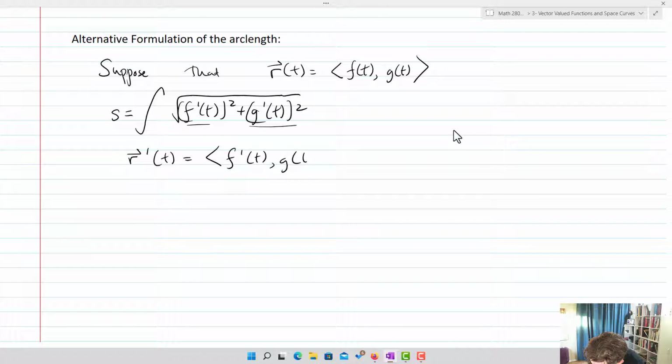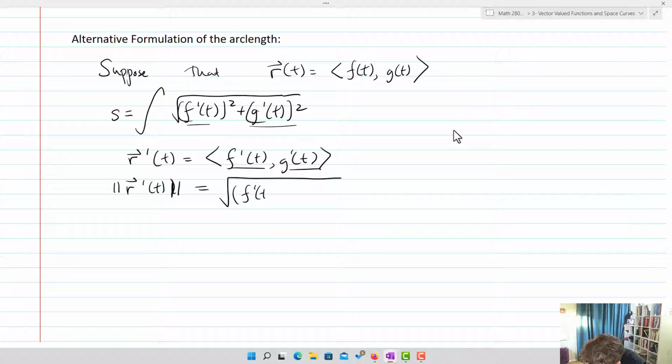is going to be f prime of t, g prime of t. And then if I take the magnitude of r prime of t, that's going to end up equaling the square root of each one of these squared, f prime of t squared plus g prime of t squared.